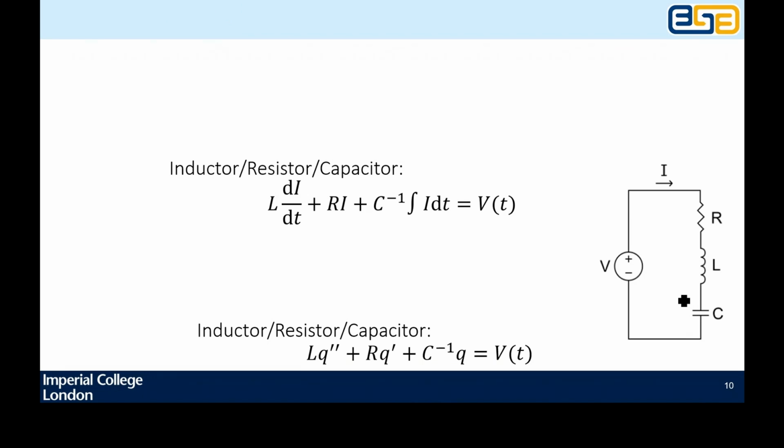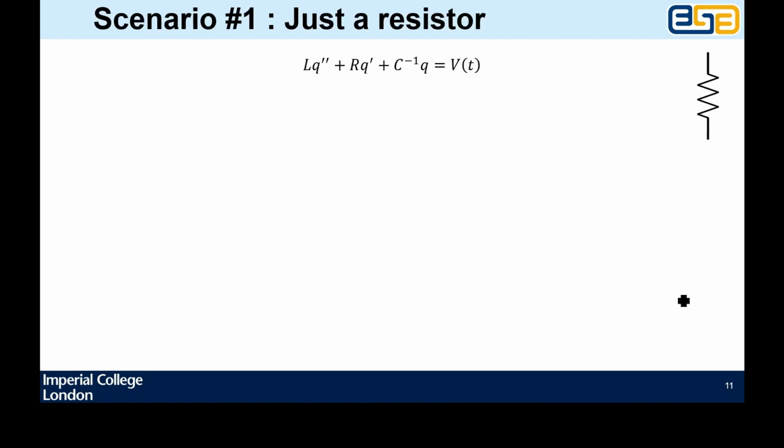And so we can reformulate that equation in a perfectly straightforward way and say it's actually the inductance times the first derivative of current plus the resistance times the current plus 1 over the capacitance times the integral of current equals V of t. Each of those elements should be more familiar to you if you chopped it up into 3 bits. But you can just add them all together like that.